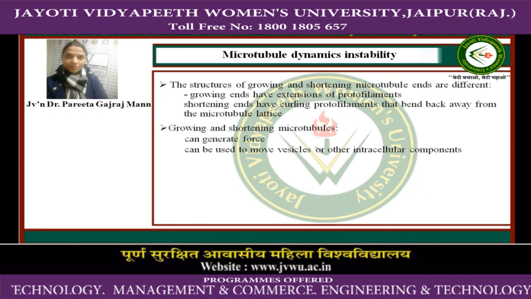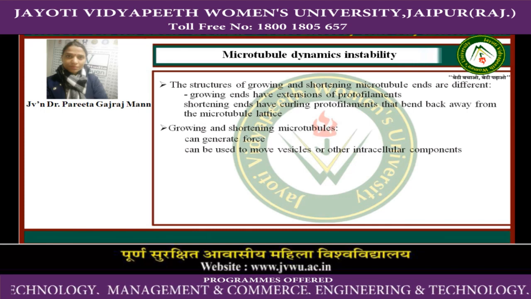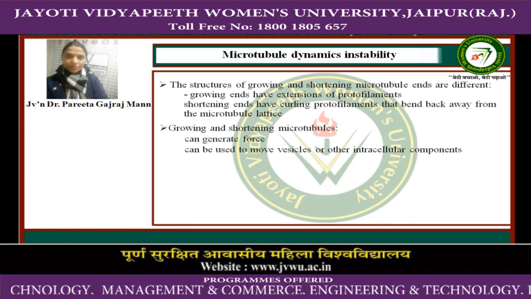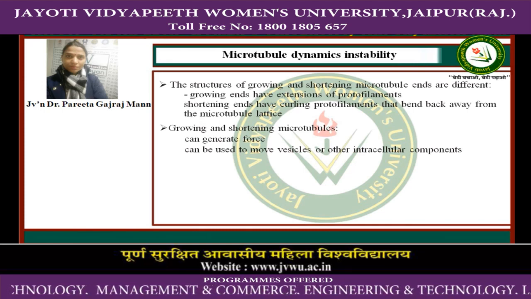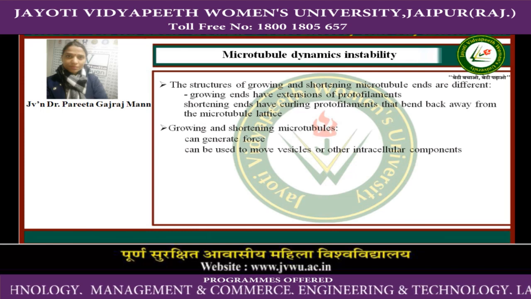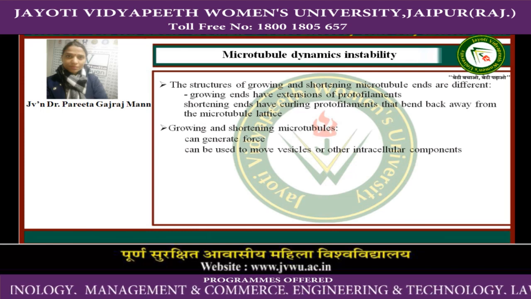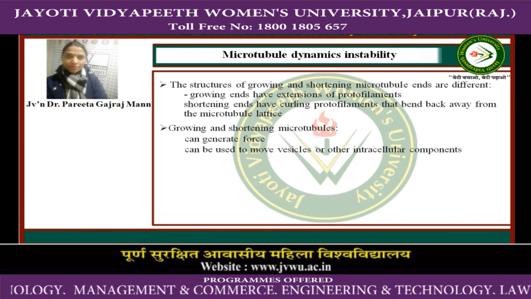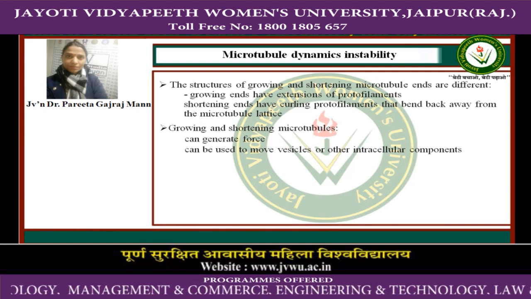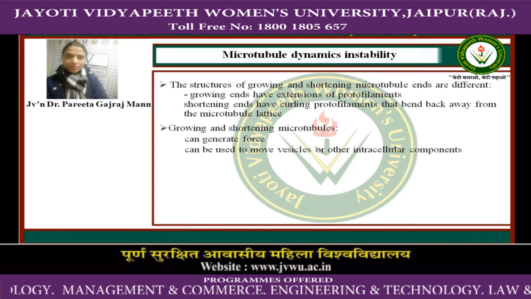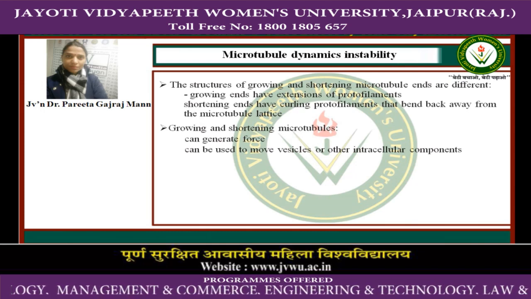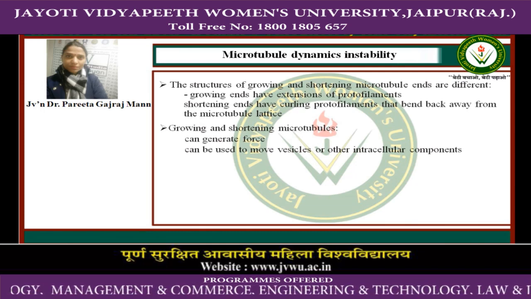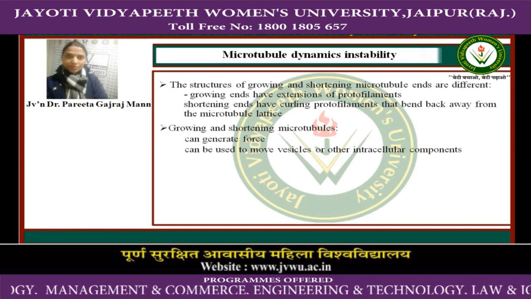The structure of growing and shortening microtubule ends are different. The growing end has extension of protofilament, whereas the shortening end has curling protofilament that bends back away from the microtubule lattice. This curling of the protofilament is happening at the shortening or depolymerization end.